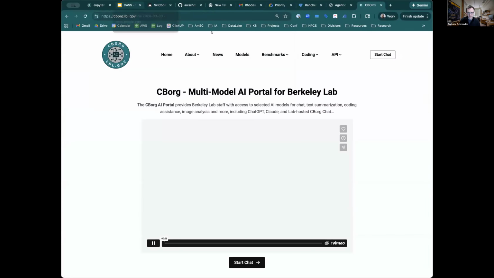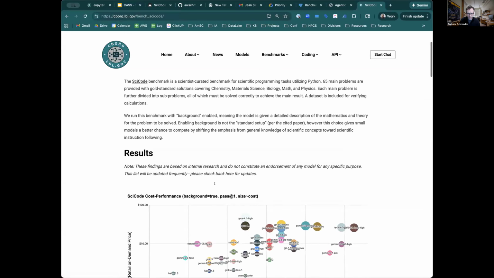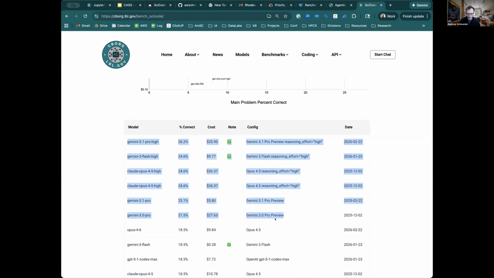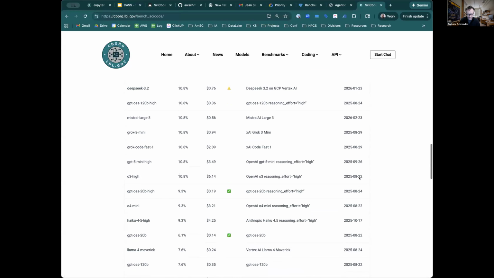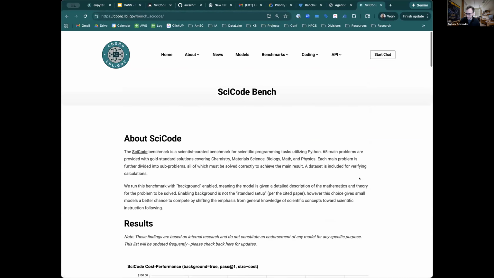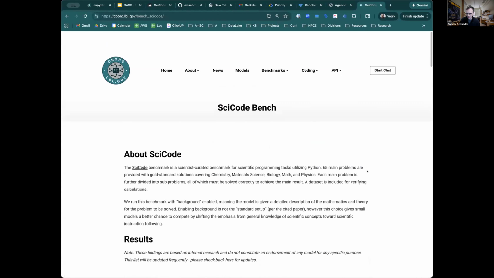Also on the Seaboard website, I have a benchmark page with the results, which I keep up to date. It has the percent correct and when I measured it last. So yeah, happy to take any other questions offline as well.